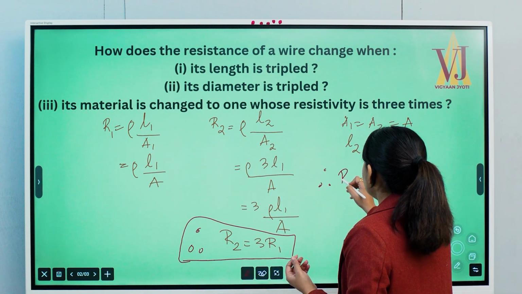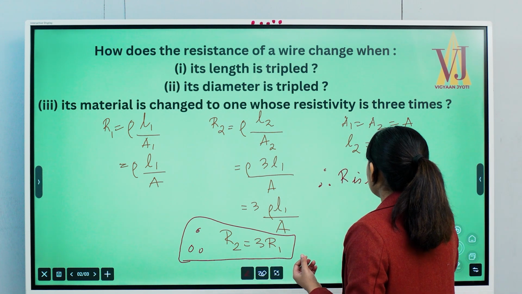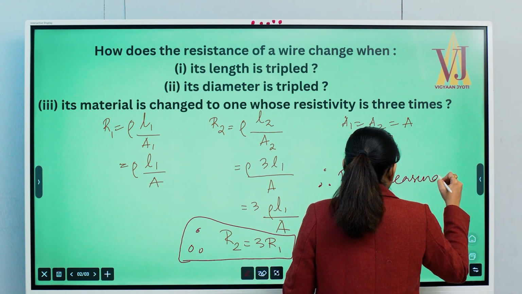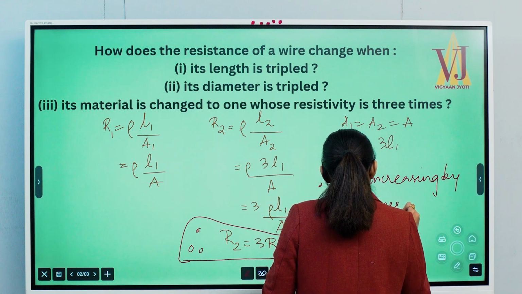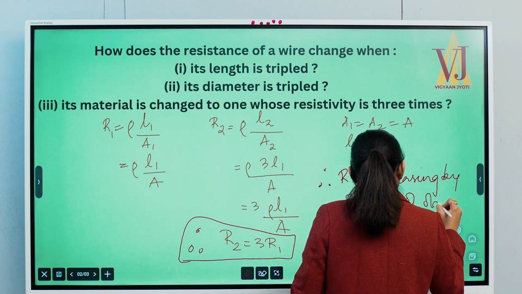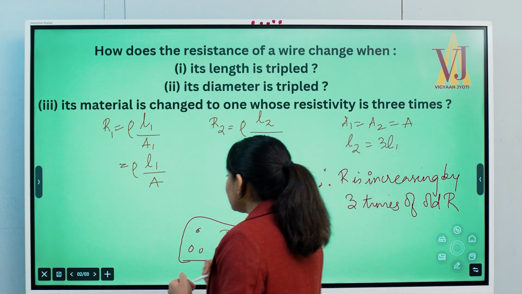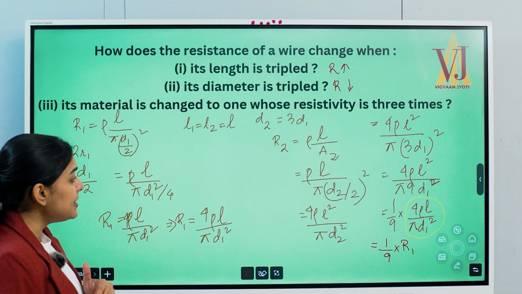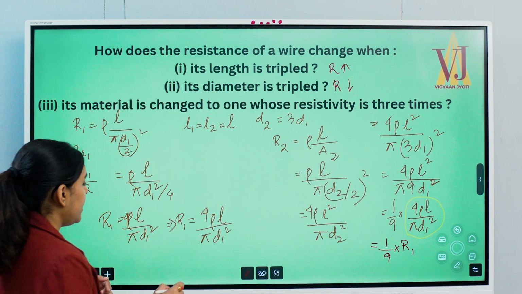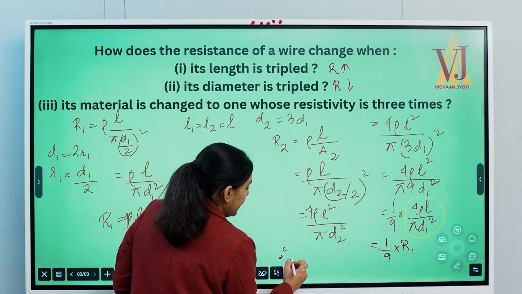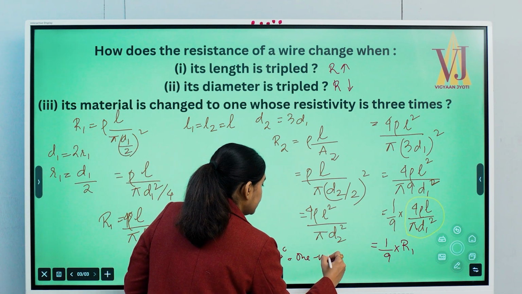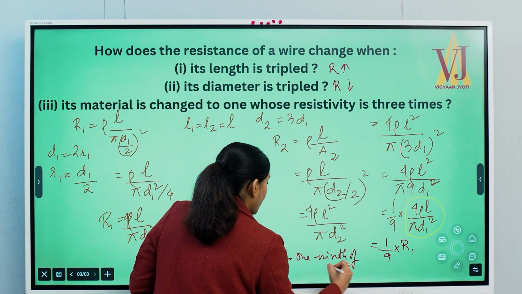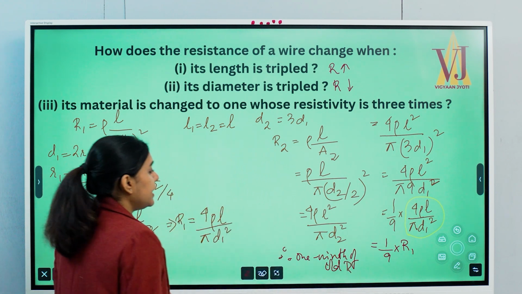Therefore, resistance is increasing by how many times? 3 times of old resistance. Fine. Next case, when my diameter has tripled, it is 1/9 of old resistance. Clear? Okay.